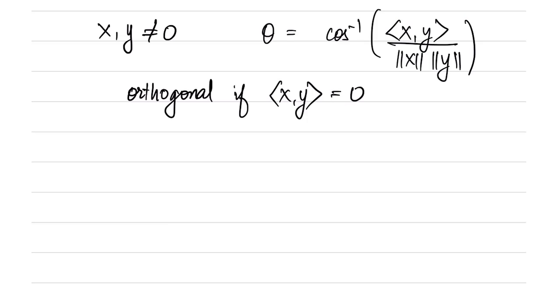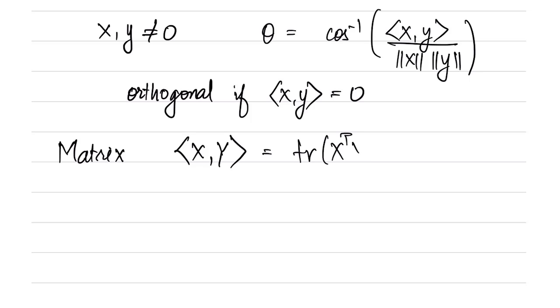The inner product, norms, and the Cauchy-Schwarz inequality can similarly also be defined for matrices. For the case of matrices, we can define the inner product between two matrices as trace of x transpose y.